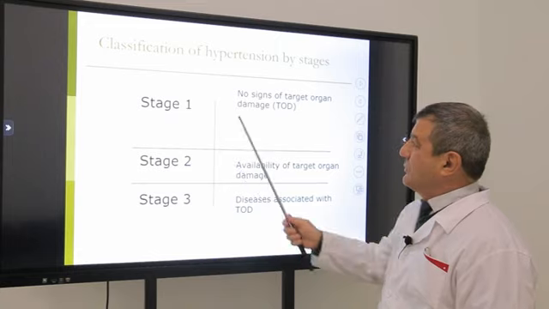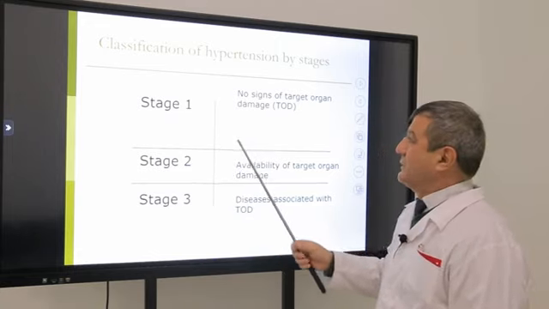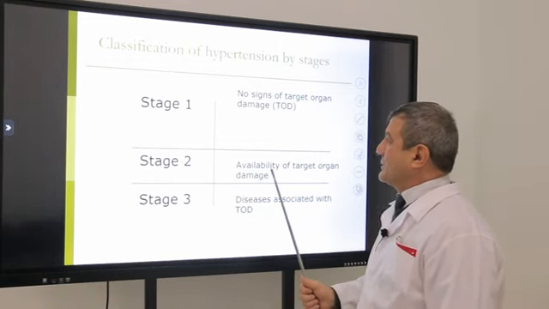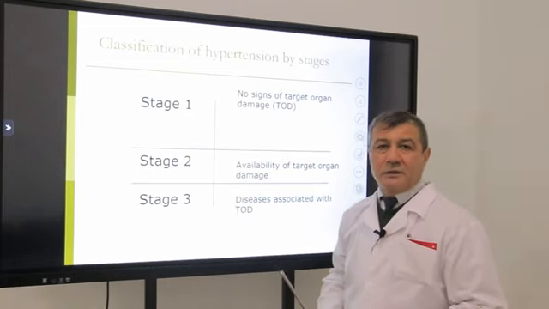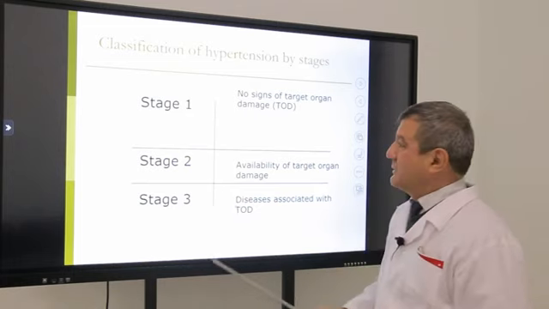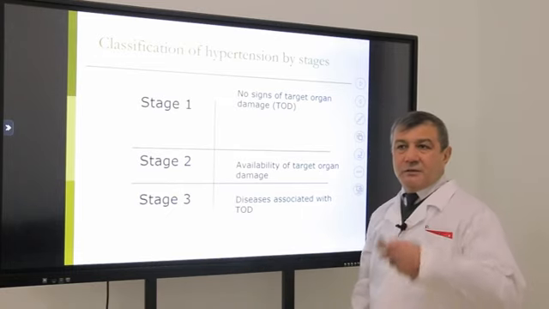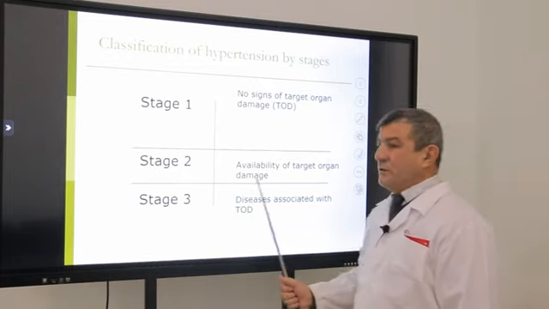Next slide, we have to pay attention to stages of hypertensive disease. First stage, no signs of target organ damage. There is hypertension in the patient, but no hypertrophy of the left ventricle or other organ damage. Second stage, we can see hypertension in patients, and we can find target organ damage.